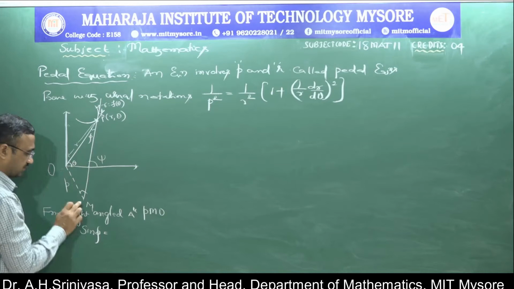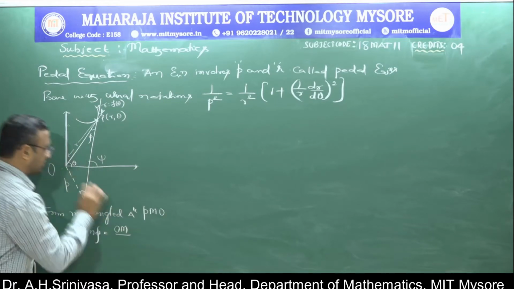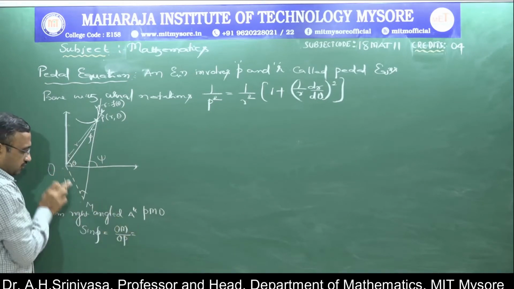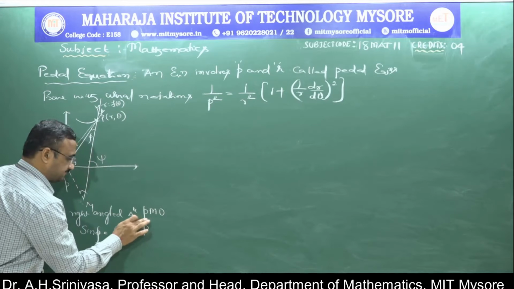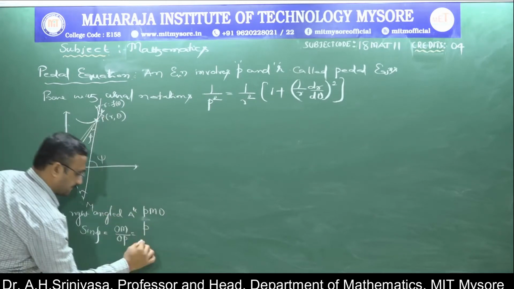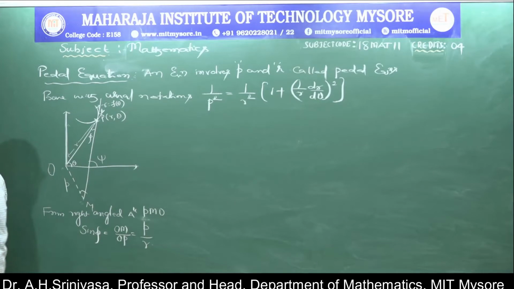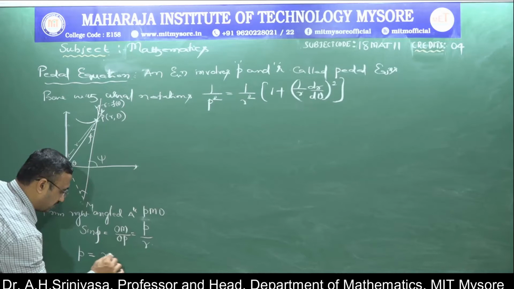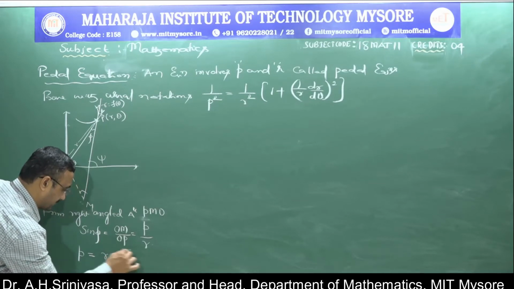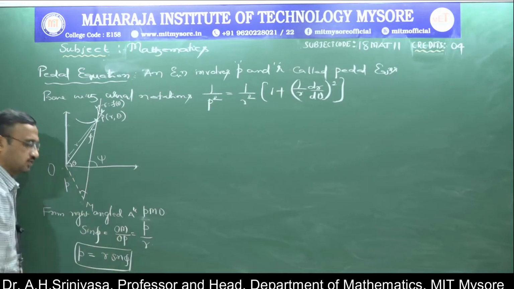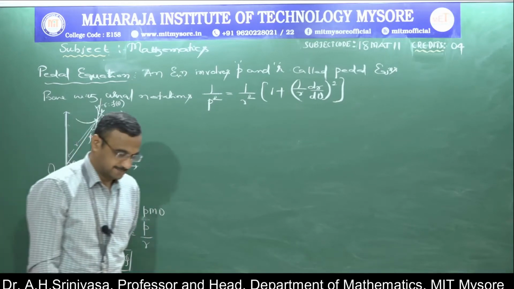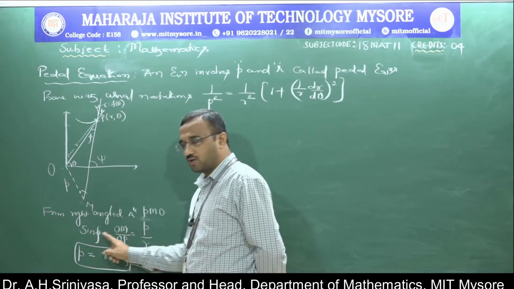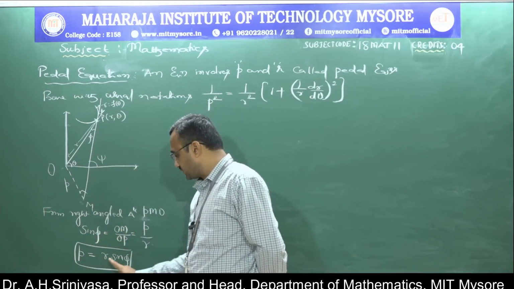The opposite side is OM, divided by the hypotenuse OP. The length of OM we simply call small p. Then with a cross multiplication, we have p equals r into sine phi.